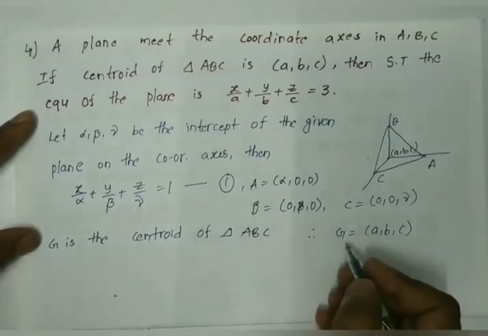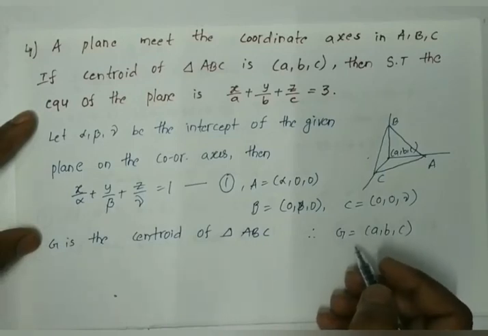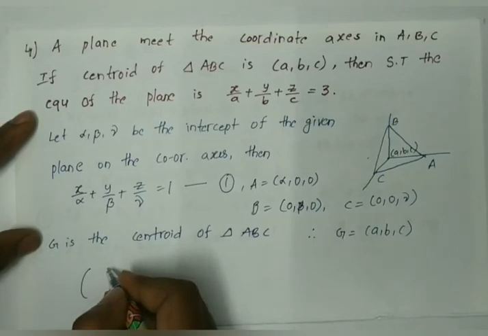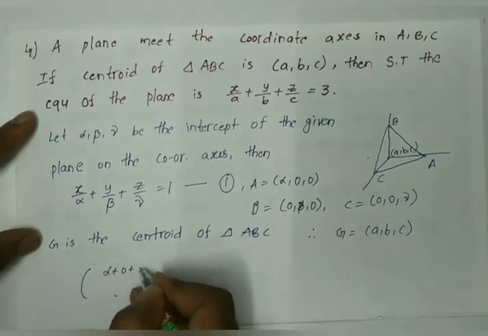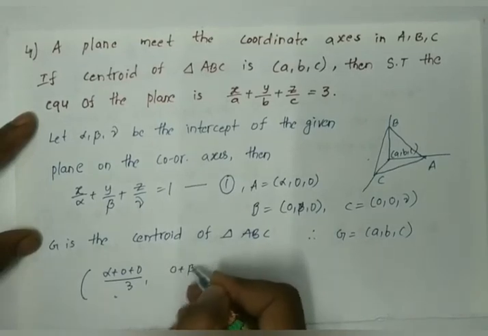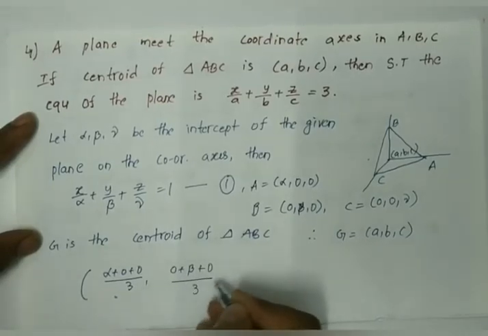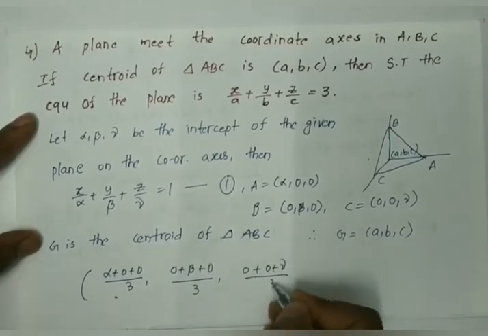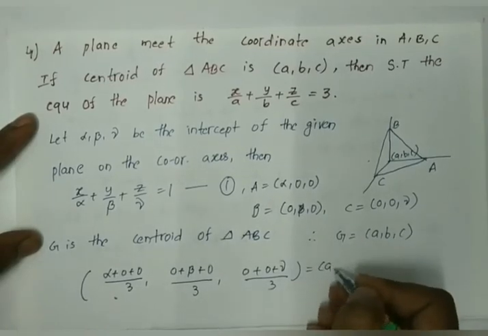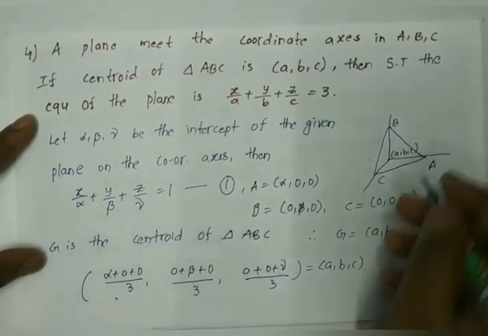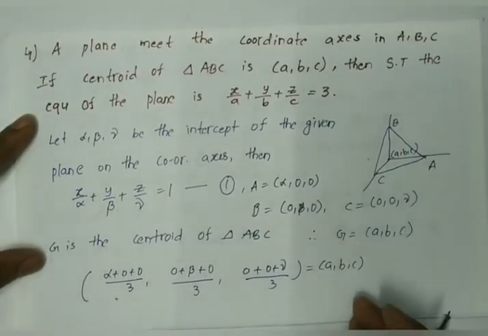But G is nothing but the centroid of triangle ABC. Therefore the centroid of triangle ABC is (alpha plus 0 plus 0) by 3, (0 plus beta plus 0) by 3, (0 plus 0 plus gamma) by 3, which is equal to (a, b, c). Already we know the formula for the centroid of a triangle.